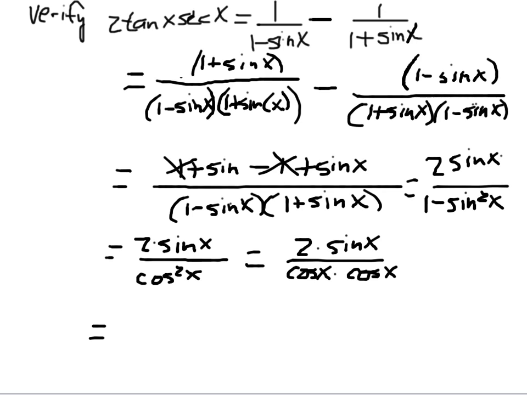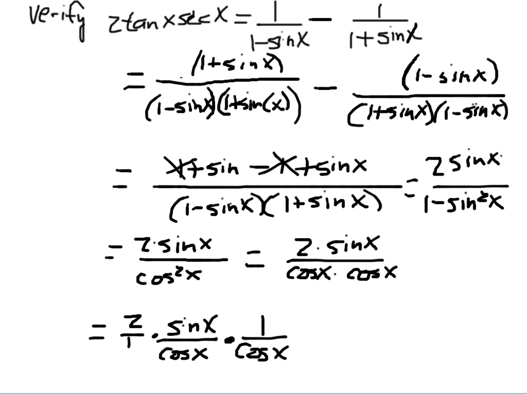And so this whole expression right here can be rewritten as a series of multiplications. 2 over 1 times sine x over cosine x times 1 over cosine x.